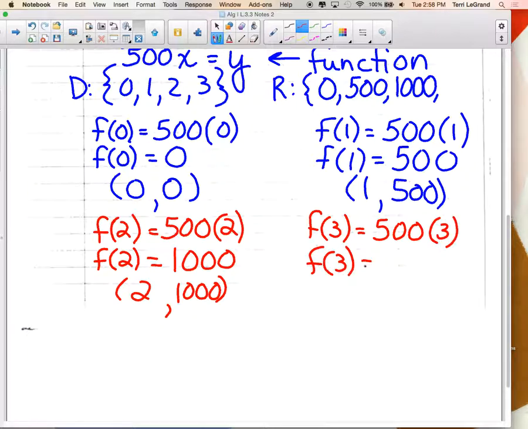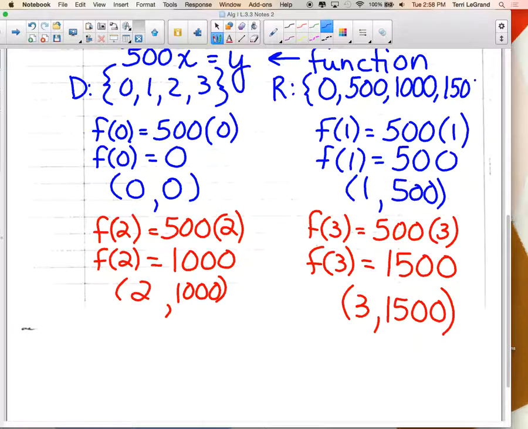When the setting on the heater is at 3, the wattage is 1,500. Ordered pair 3, 1,500. And so we just found our last member of the range.